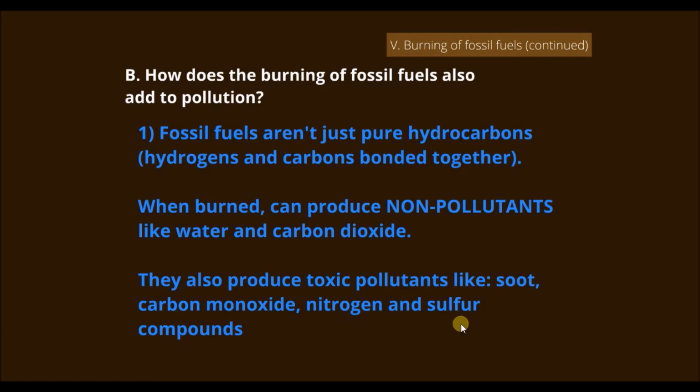Let's talk about carbon monoxide. Carbon monoxide is not carbon dioxide. Carbon monoxide is a carbon and one oxygen bonded together. And when you breathe that in, you can't smell it, you can't taste it, you can't see it. But what it does is it binds to the hemoglobin, which is part of your red blood cells, that helps you have oxygen absorbed from your lungs.